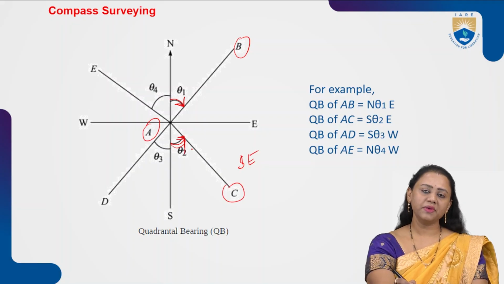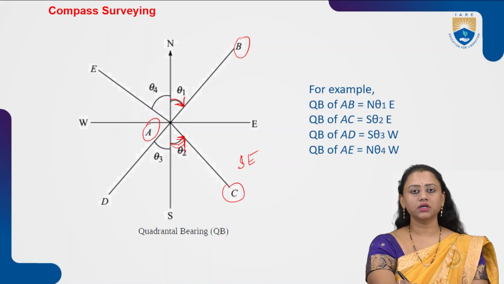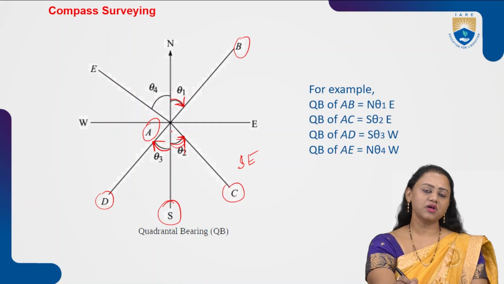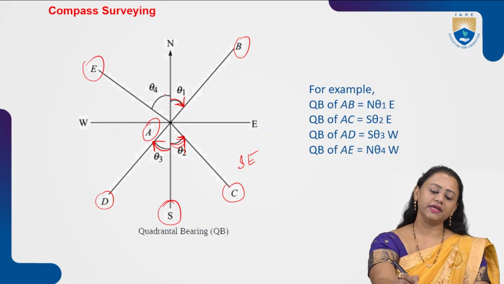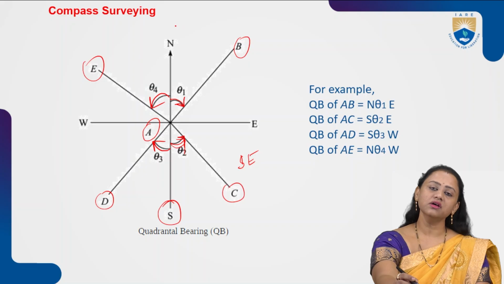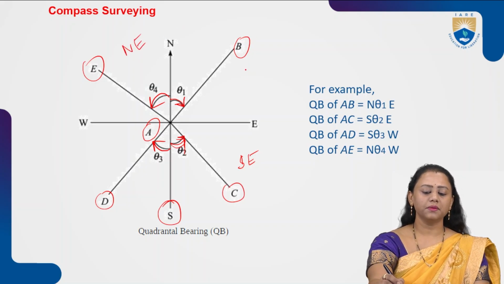The measurement will be anti-clockwise from the south pole. Similarly, for the line AD, we measure from the south pole, that is theta 3. For line AE, I measure from the north pole, that is theta 4. So based on the quadrant the line is present in, we use the bearings.